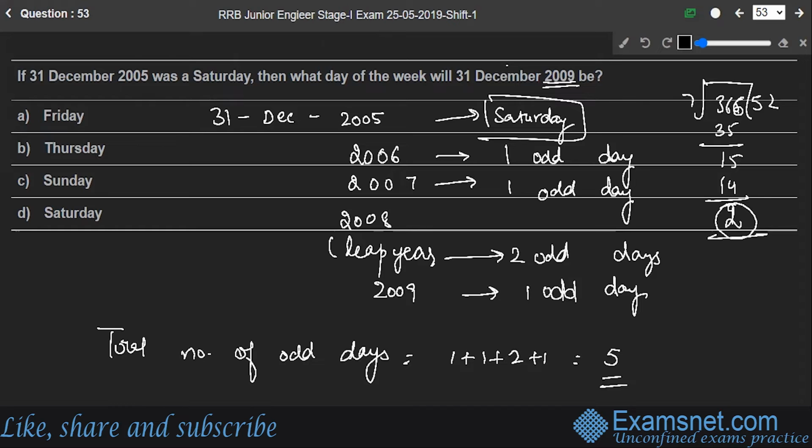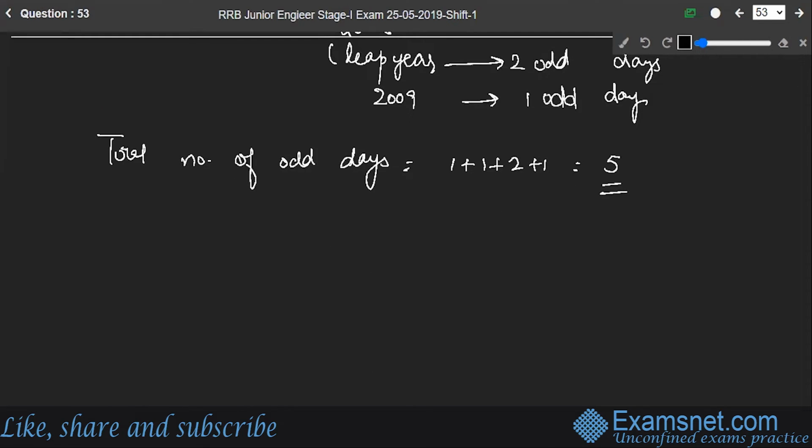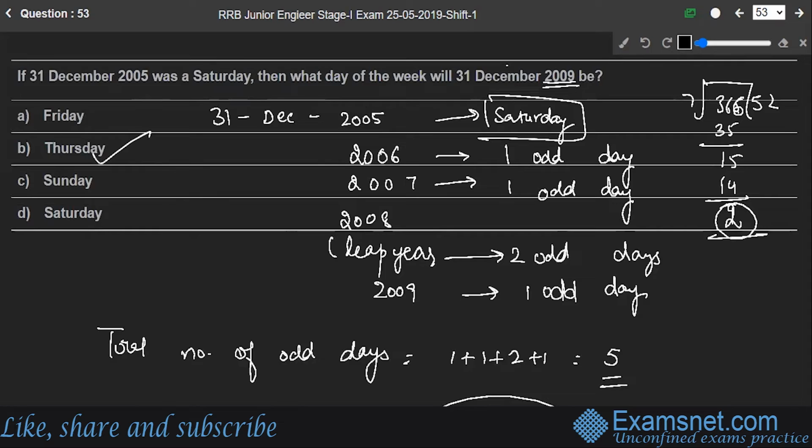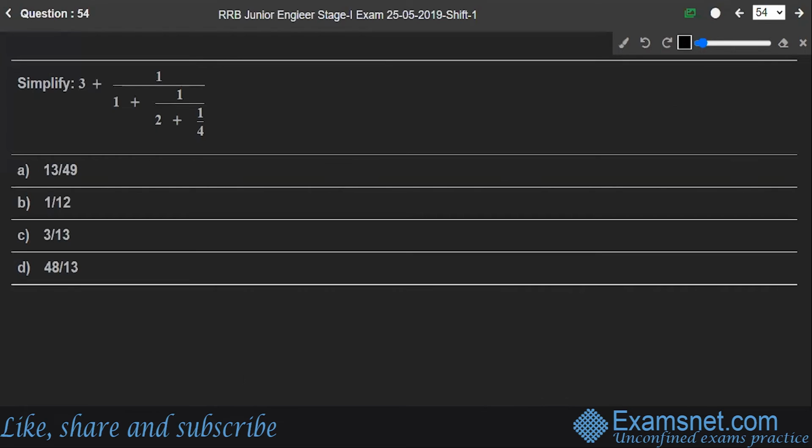See how many odd days have been added? 5. So I started from a Saturday. 5 days after Saturday, I will have Sunday, Monday, Tuesday, Wednesday, and Thursday. So it will be a Thursday. Okay. So we have option B as the right answer. Hope you got that. Let's move to the next question.